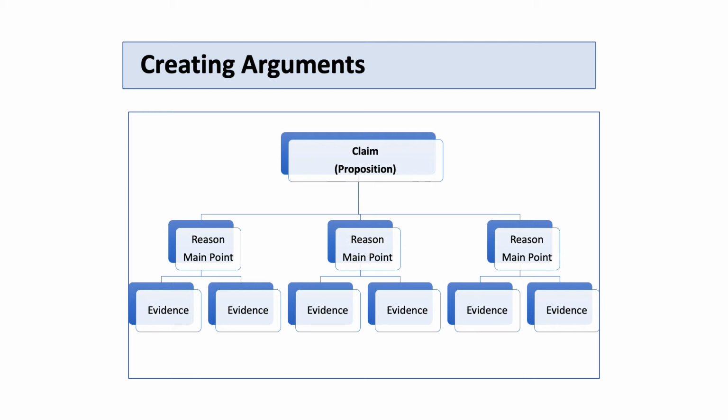You would still create an outline according to what you learned for informative speaking, but sometimes this is helpful. You always want to have your main points worded as reasons. They shouldn't be topical necessarily. You want to word your main points as reasons that support your argument, and then have your evidence to back it up.